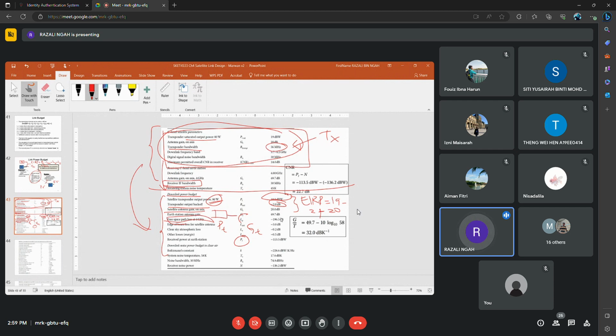You use 32.44 plus 20 log F plus 20 log D, where the frequency is 4 gigahertz and D must be given. Then your path loss will be minus 196.5, so close to 200 dB loss. Okay.